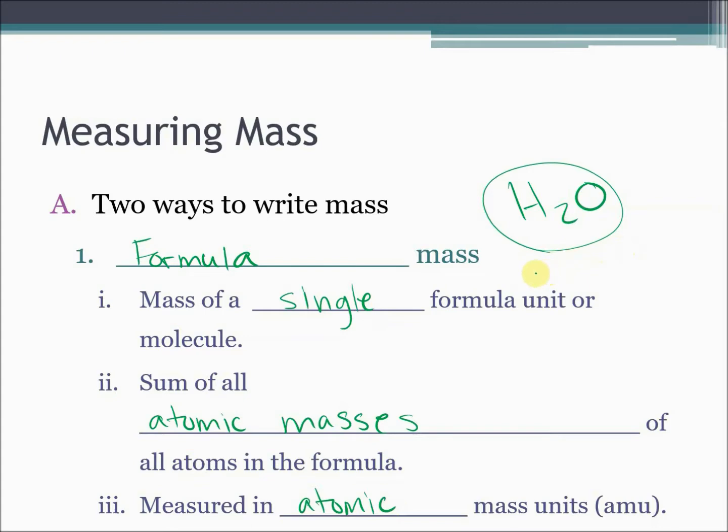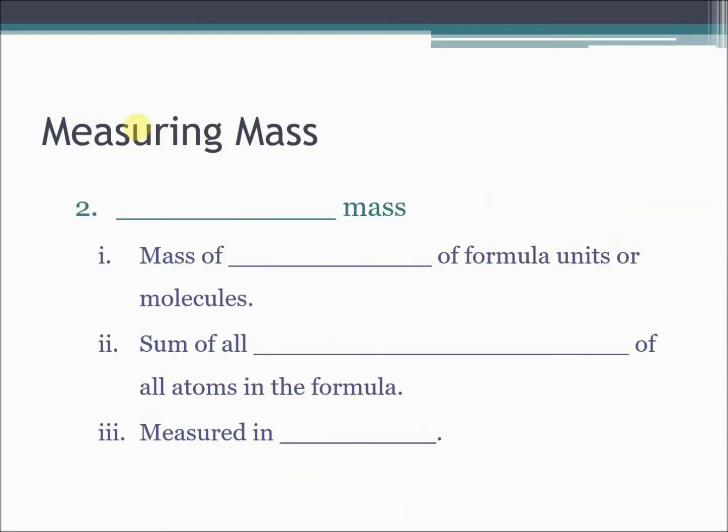The second way of writing mass is a little bit more useful because it's on a larger scale. Our second way of writing mass is the molar mass. And that's the mass of 1 mole of formula units or molecules. To find the molar mass, you take the sum of the molar masses of all the atoms in the formula.